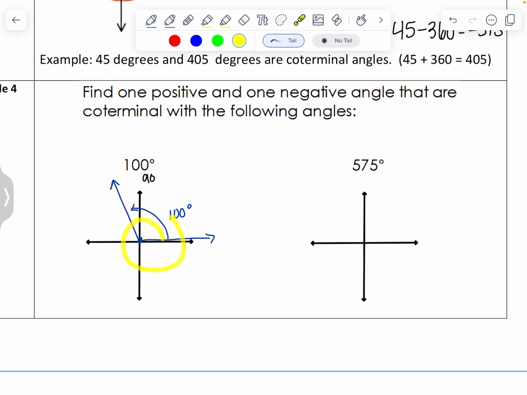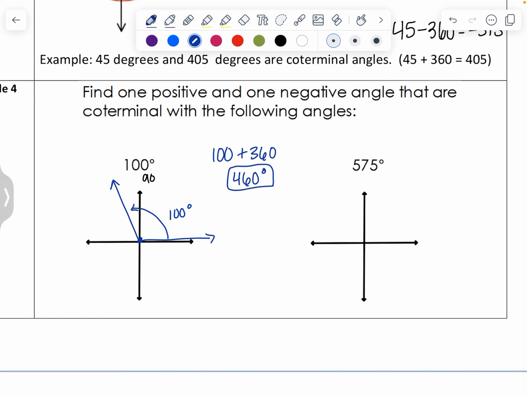So I would go 100 plus 360 more. So 100 plus 360 would be 460. That would be coterminal. So I'll draw that in red, 100, and then a full more circle. That would be 460.